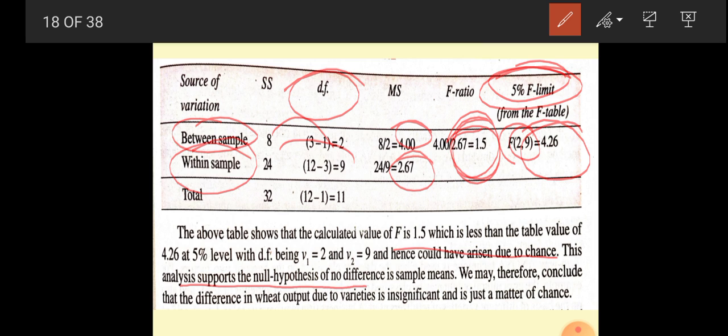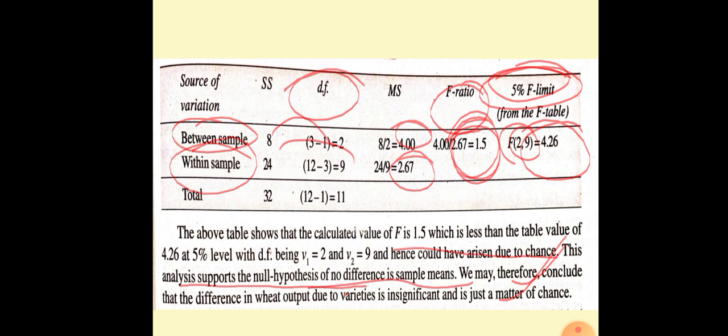If the F ratio is more than the 5% F limit, then it rejects the null hypothesis of no difference in sample means. We may therefore conclude that the difference in wheat output due to varieties is insignificant and is just a matter of chance.